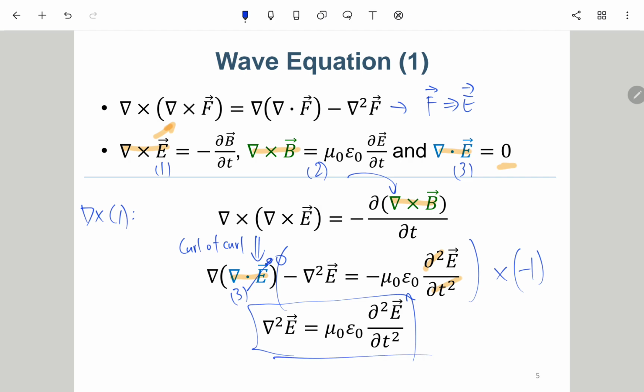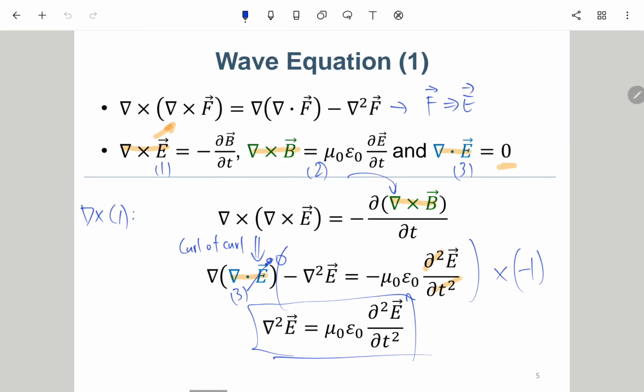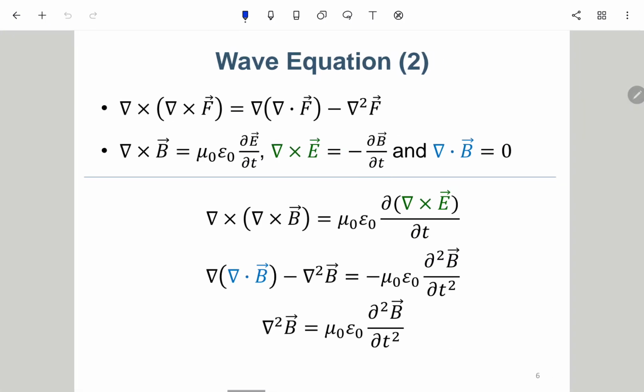Actually, this is the wave equation for the E field, and of course this is an EM wave. You can also imagine we will get another one for the B field.